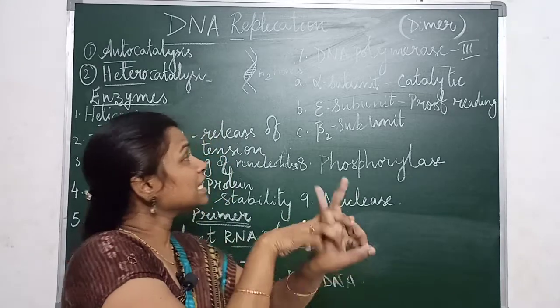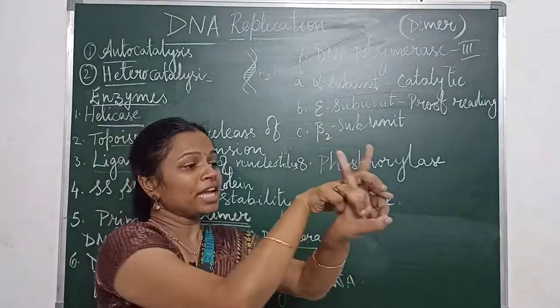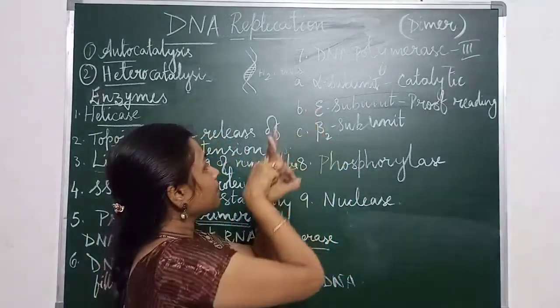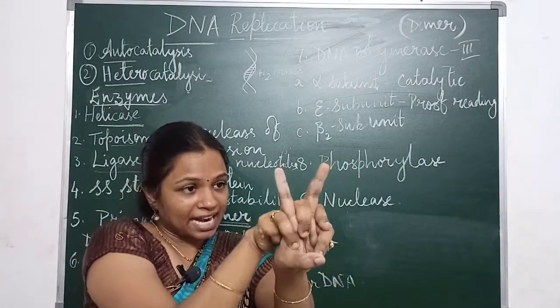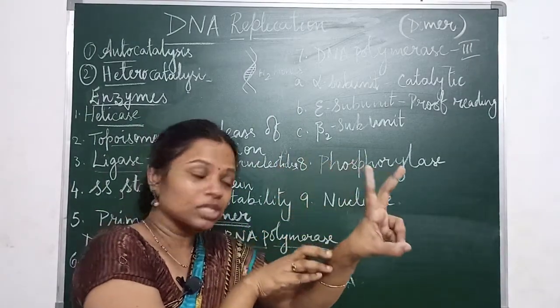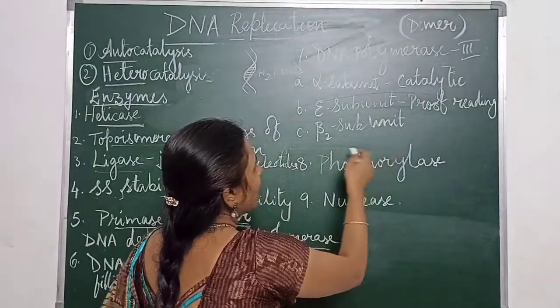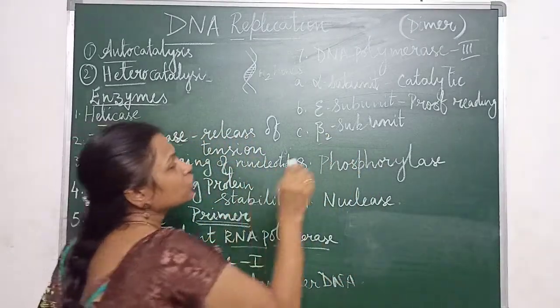Now this DNA polymerase, the beta 2 subunit helps in clinging to the replication fork like this, and it slides all through the length of this DNA. So that is the function of this beta 2 subunit.